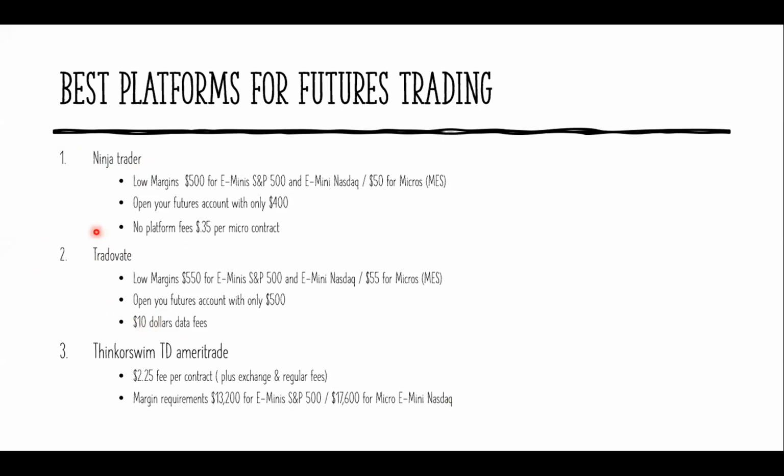I would suggest you start with Tradovate, and that way, once again, you can open your account with only $500, and we can start with micros. This is only $55, which is the margin that you will require to trade micros. Once again, MES is $5 per point. So I think that's a good place to start.